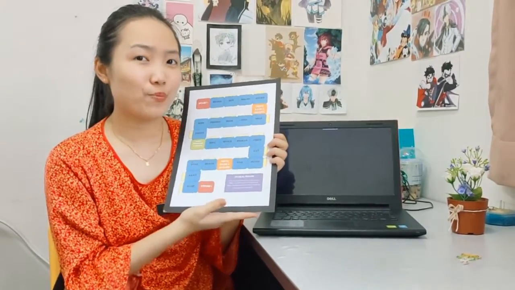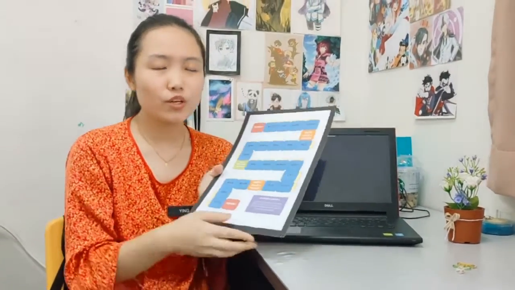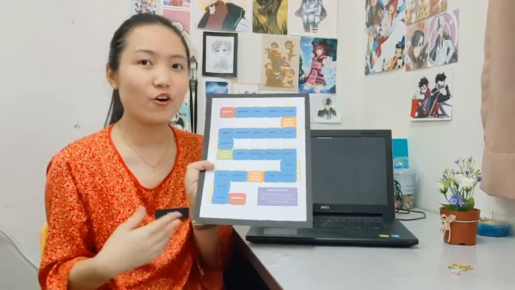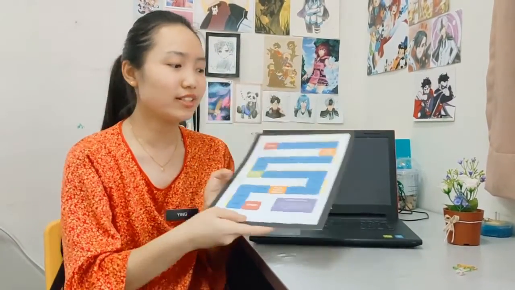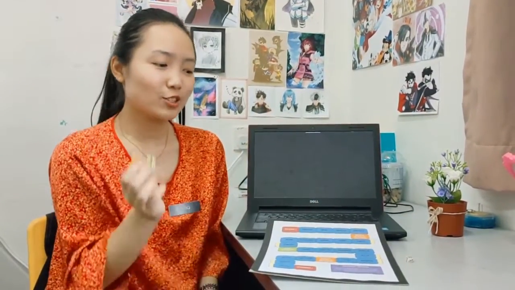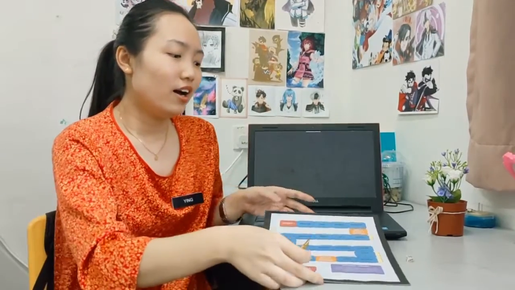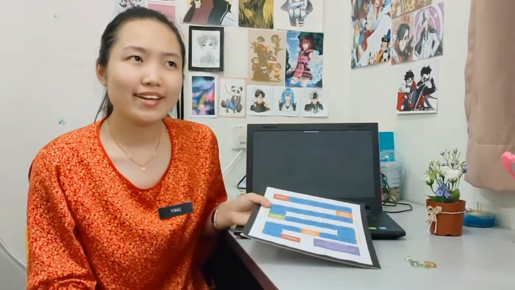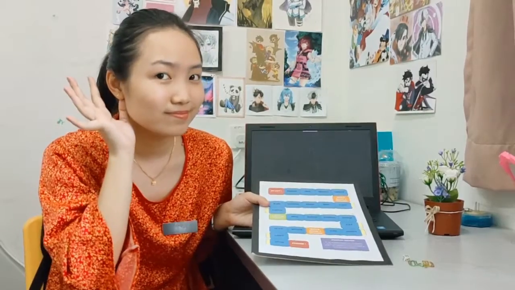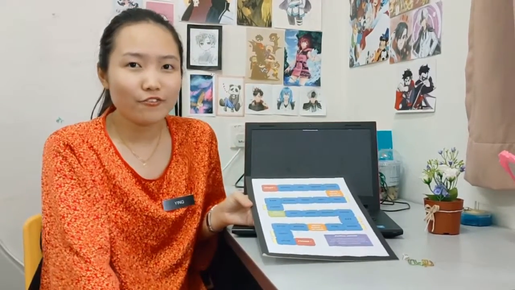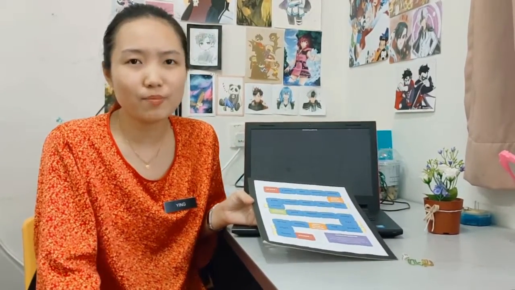Here I have a board game. So each group will receive a set of board games with this board, a dice, and also some of this. So, do you ever play board games? Very good. I heard a lot of you already know how to play board games.